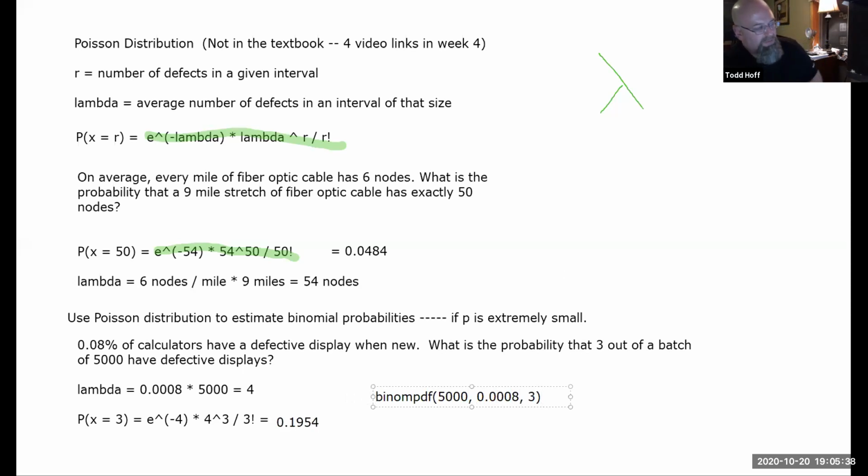Now, why would we use the Poisson distribution instead of binomial? Because we have the TI-84 calculator, which has the binomial distribution built in. We would just use the binomial distribution. But a standard scientific calculator does not have the binomial distribution in it. But most standard scientific calculators have the e to the power of, and they have the factorial function on.